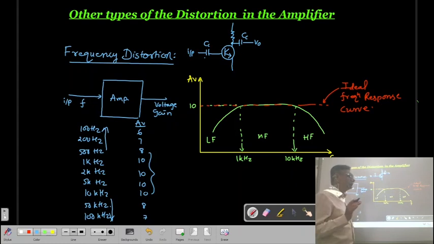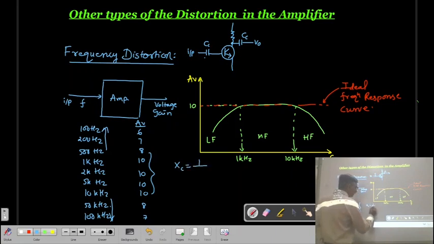So here now you know the property of the capacitor, that the capacitive reactance is given by 1 upon 2 pi Fc. So for the lower frequency F, the reactance is large.